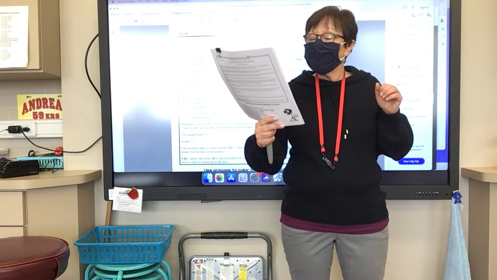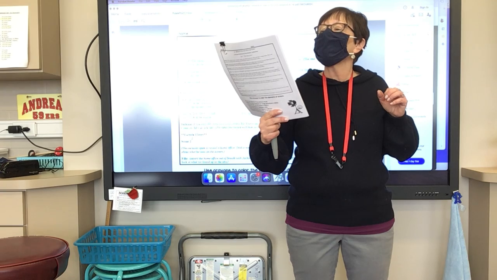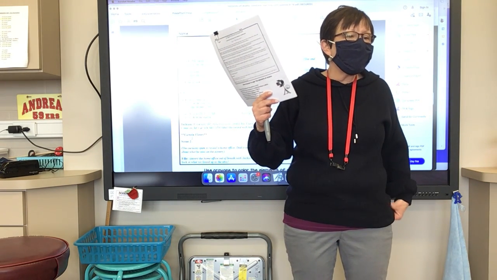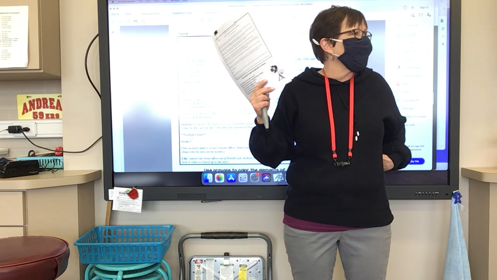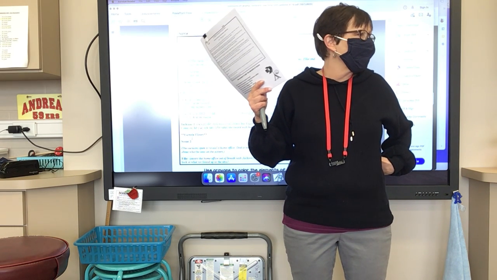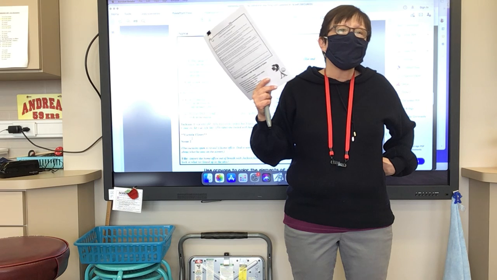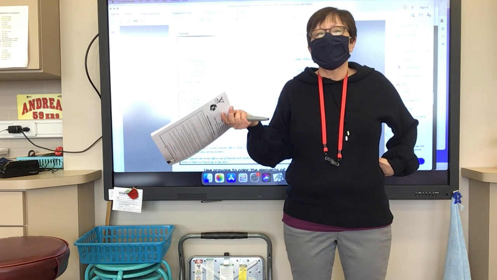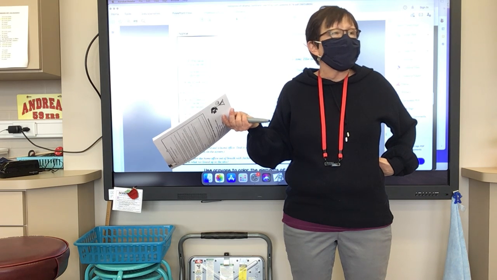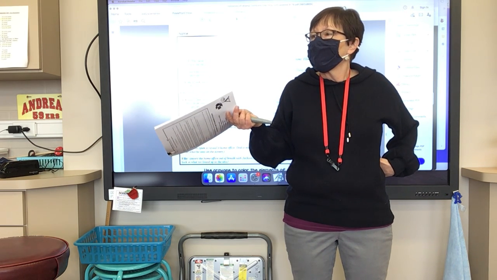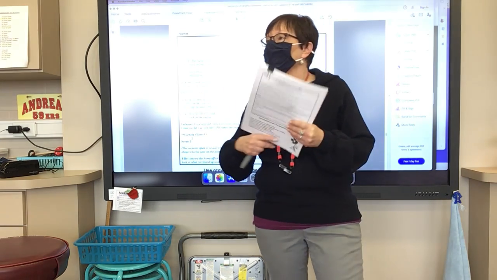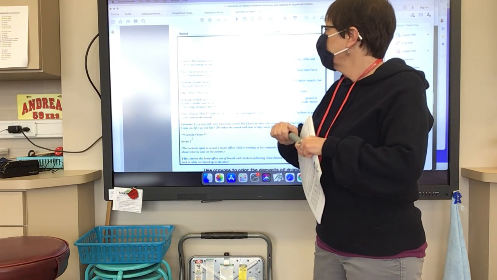Now it says circle an example of dialogue in red. Where is some dialogue that we could circle? Let's choose some dialogue between Ellie and Jackson.